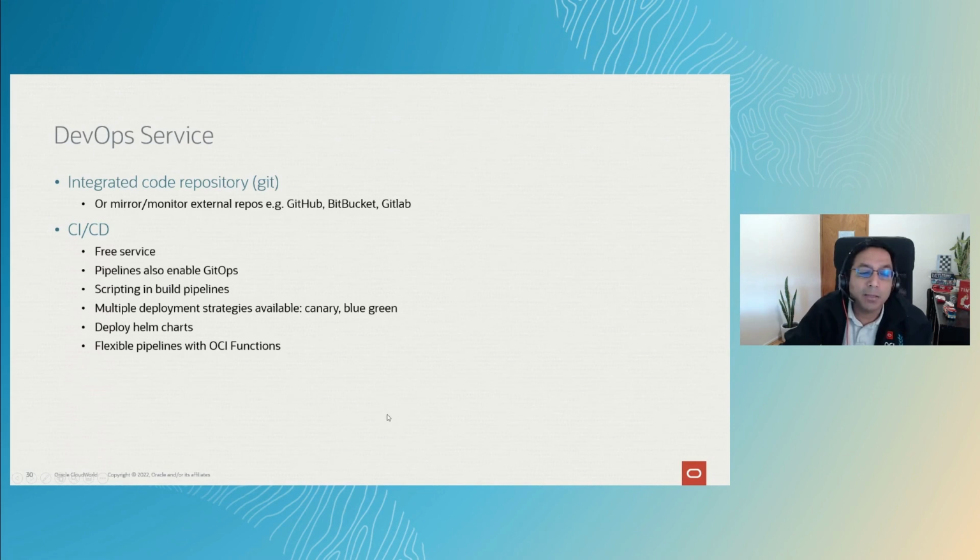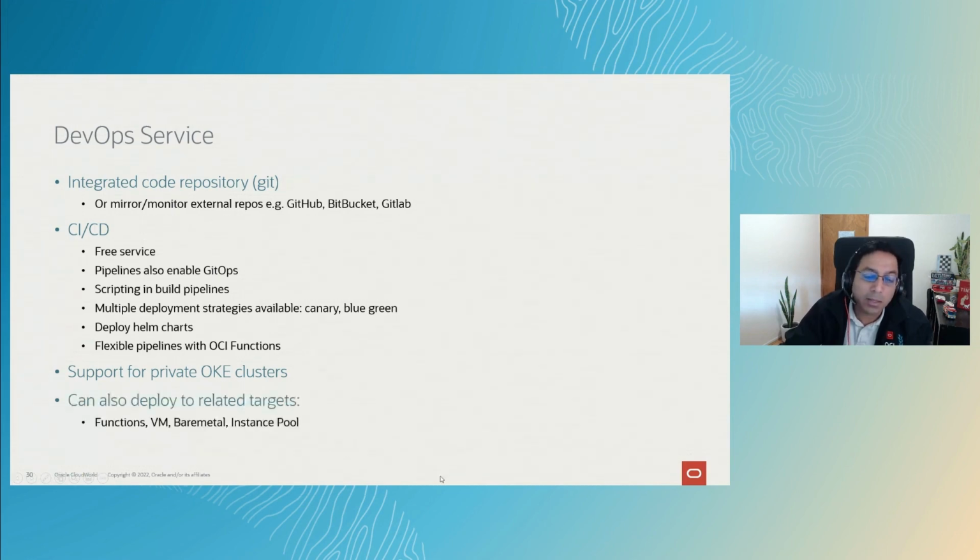There's pipelining. You can put scripting, many deployment strategies, Canary, Blue-Green. You can deploy Helm charts. All of this is to enable GitOps, basically, and it now supports, like the Cloud Shell, private clusters as well.